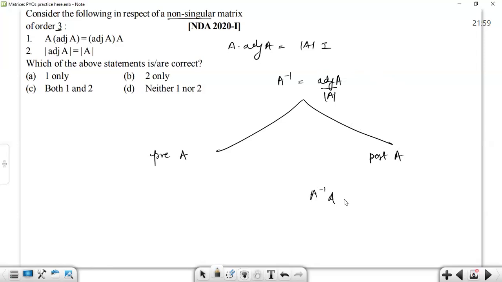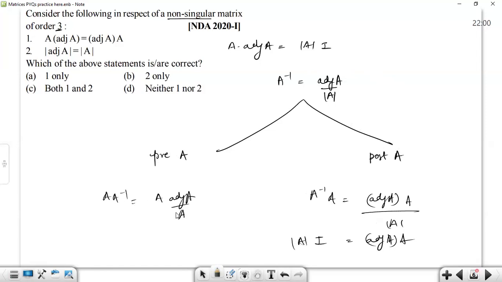A inverse into A is equal to adjoint of A into A divided by determinant of A. So this becomes I into determinant of A equals adjoint of A into A. And when we pre-multiply by A, A into A inverse, which is A into adjoint of A divided by determinant of A, becomes I. This becomes modulus of A into I equals A into adjoint of A. Now, these two equations have the same left hand side, so the right hand side must also be equal. That's why you can say the first statement is correct.